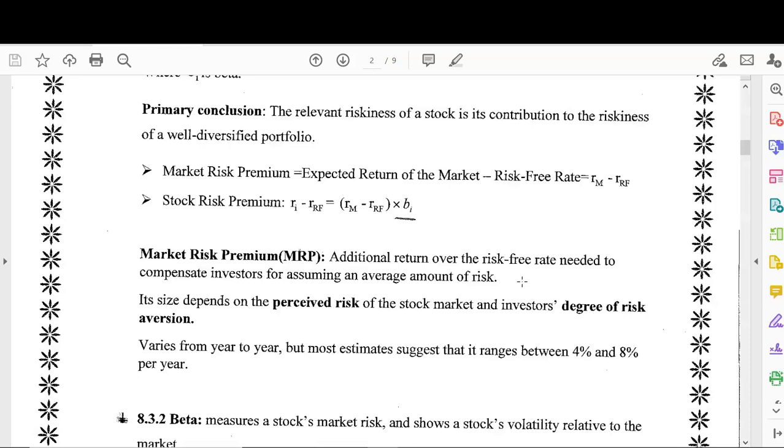Okay, risk premium is the additional return that the asset has compared to the risk-free asset. Okay, and stock risk premium, RI minus RRF, equals the market risk premium multiplied by beta, because beta is the percentage of how much the stock contributes to the market risk.